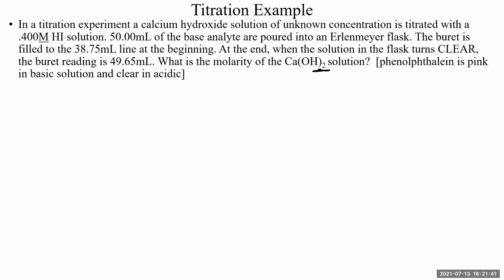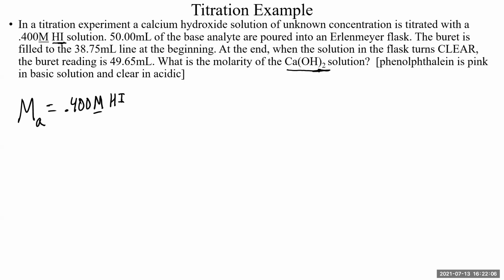So in a titration experiment, a calcium hydroxide solution of unknown concentration is titrated with a 0.4 molar hydroiodic solution. Okay, so let's start writing in all of our stuff. Molarity of the acid. So hydroiodic acid is our molarity, 0.400 molar HI, right? That's our acid solution.